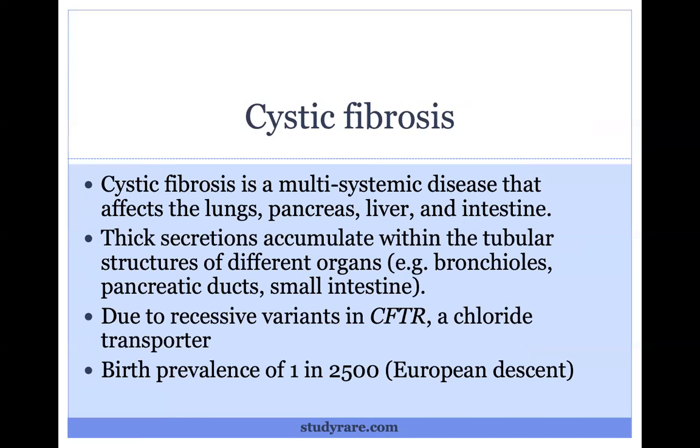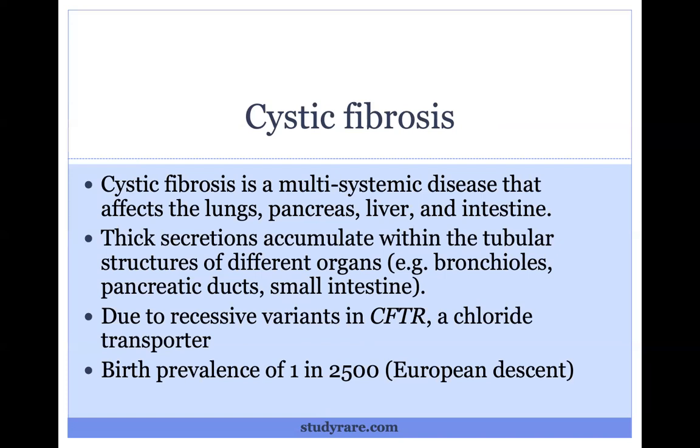So, mechanistically, in CF, thick secretions build up within the tubular structures of different organs. For example, in the lungs, the bronchioles accumulate these thick secretions, which leads to impaired respiratory function and frequent infections.